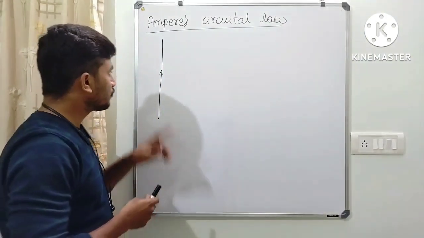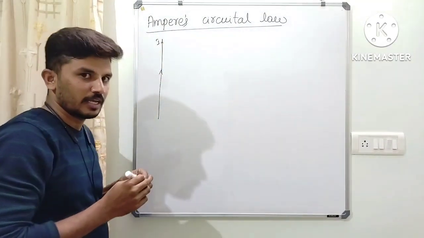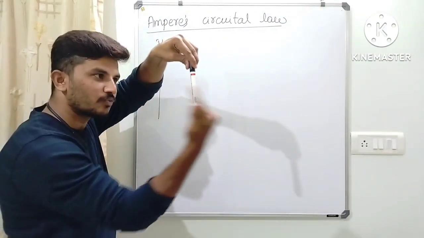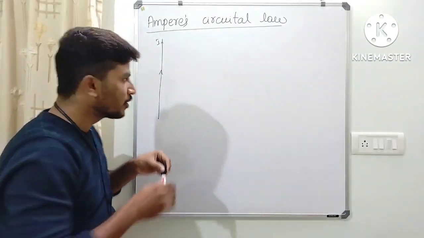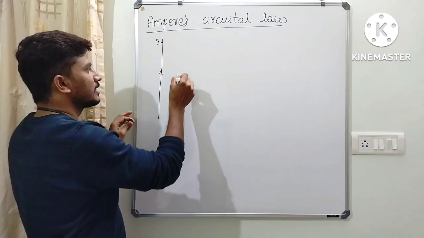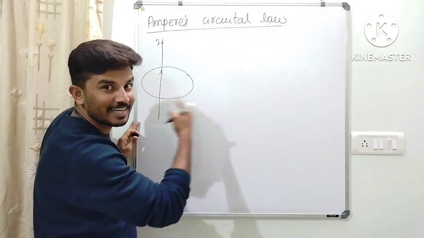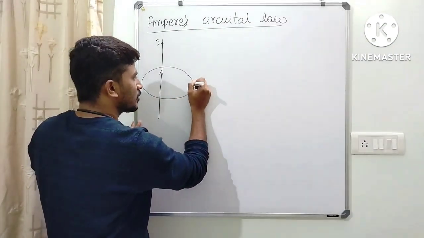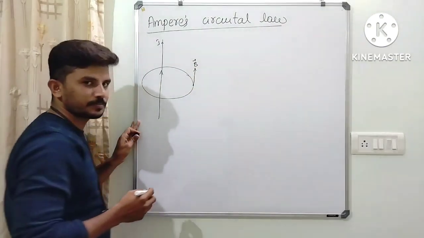If a straight conductor is carrying current in this direction, then from the right hand thumb rule, we know the direction of magnetic field will be like this. Yes or no? So the magnetic field around it will be in this direction. Here I have considered one magnetic field line. At this particular point, the magnetic field line will be in this direction.